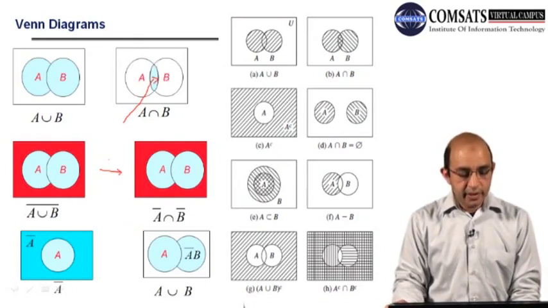So you can say that whenever you break the complement, you have to change the sign, but they represent the same regarding the Venn diagrams, right? And this is very simple.